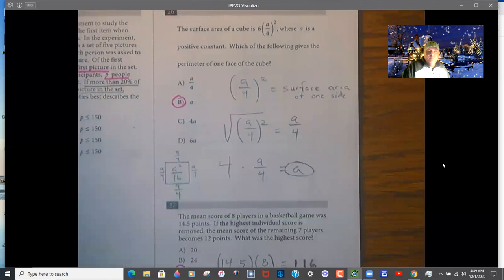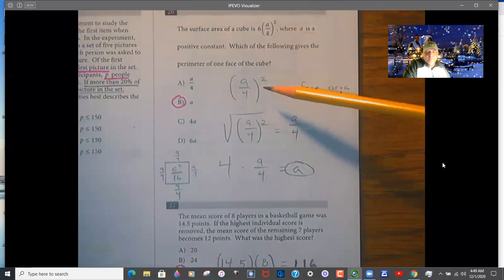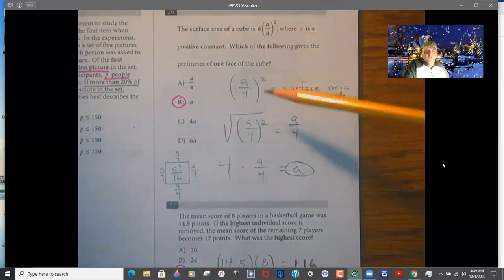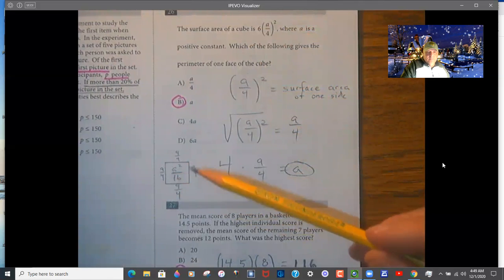26. Okay, so surface area of a cube. So one side has an area of this. A cube has 6 faces, so you can square root that to get one side of the cube.